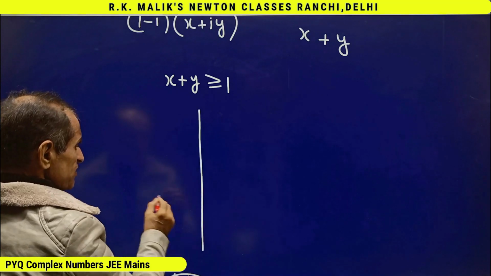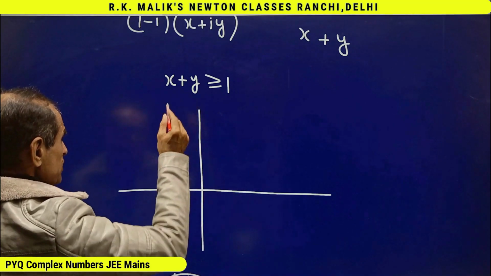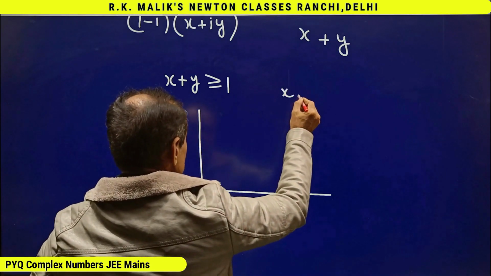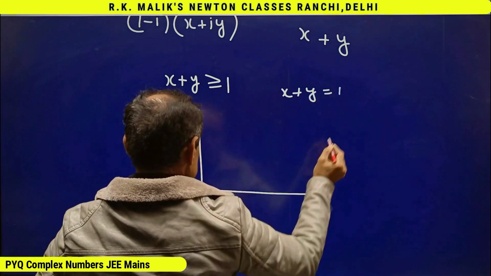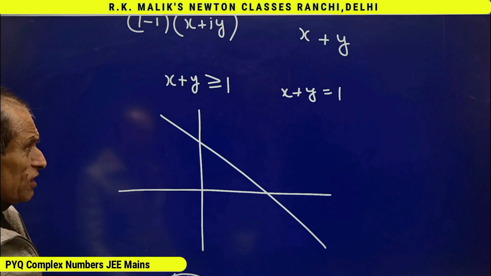Clearly, to draw the graph of this, first I draw the graph of x plus y equal to 1, and this is the graph of x plus y equal to 1.